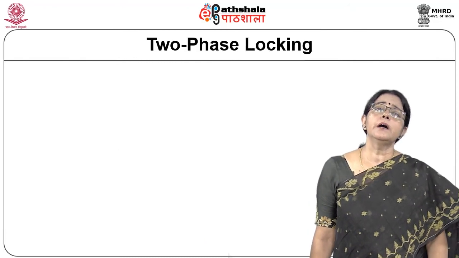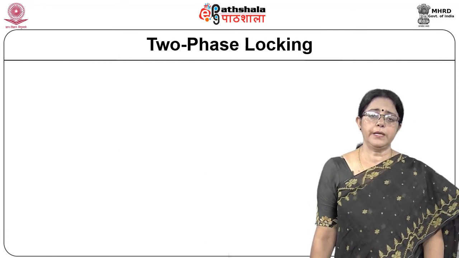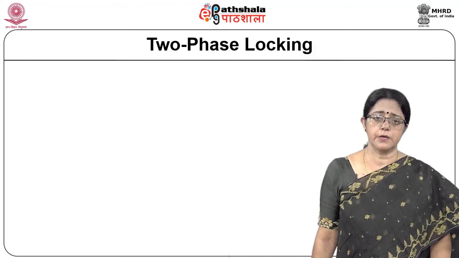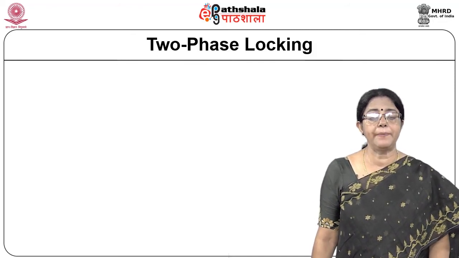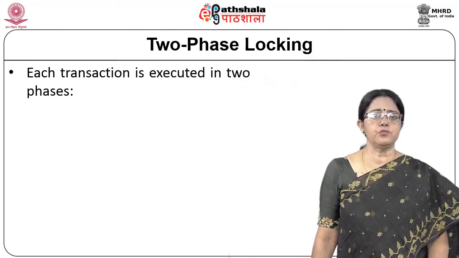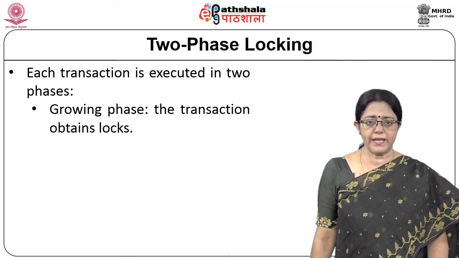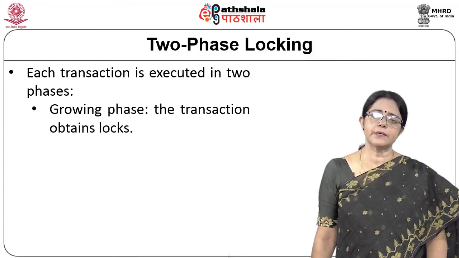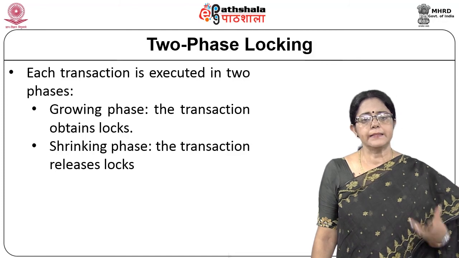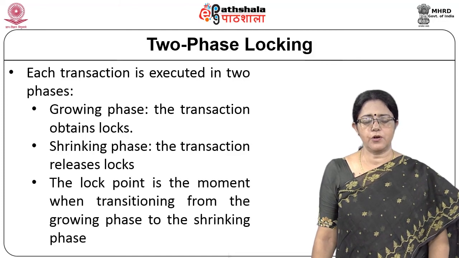So, to avoid this problem, we use the two-phase locking protocol, which does not let this problem happen in locking. Each transaction is executed in two phases. One is the growing phase, where the transaction will obtain the locks, and the other is the shrinking phase, when the transactions will release the locks.